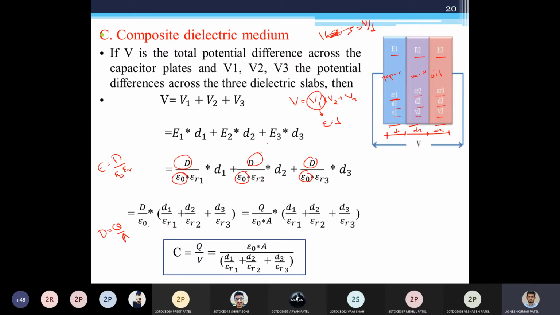What is Q? Q is the charge available on the plate, and A is the area of the plate.